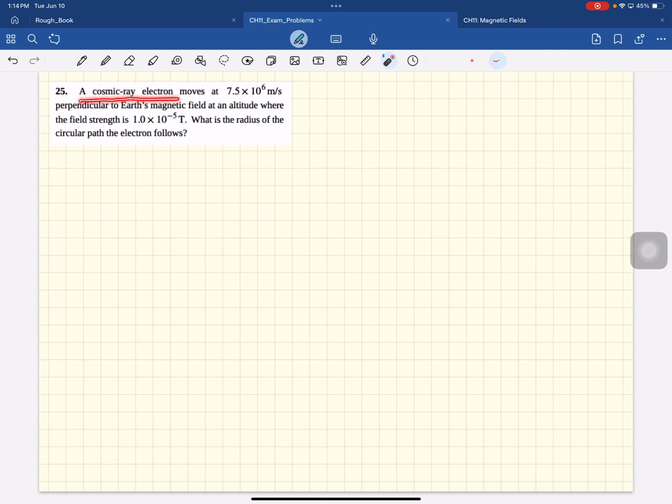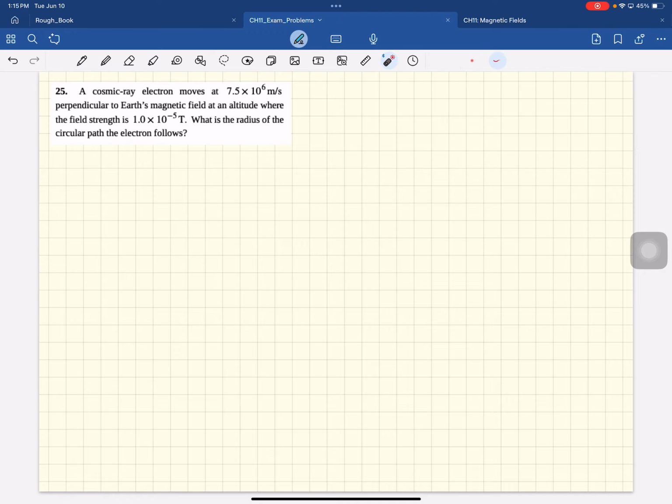A cosmic ray electron moves at 7.5 times 10 to the 6 meters per second, perpendicular to the Earth's magnetic field at an altitude where the field strength is 10 to the minus 5 Tesla. What is the radius of the circular path it follows? Okay.